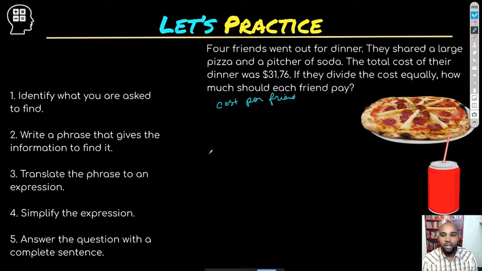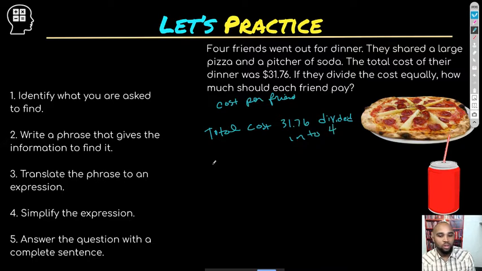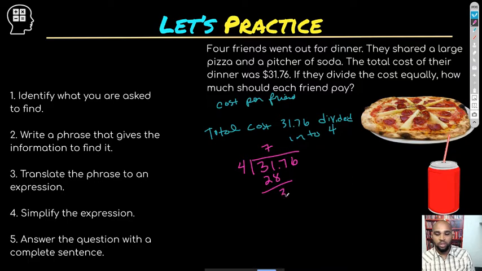To find it, we need the total cost of $31.76 divided into 4 people. So how's that going to look? Well, it's going to look just like we said previously: 31.76 divided into 4. 4 goes into 31 7 times. 31 minus 28 is 3.